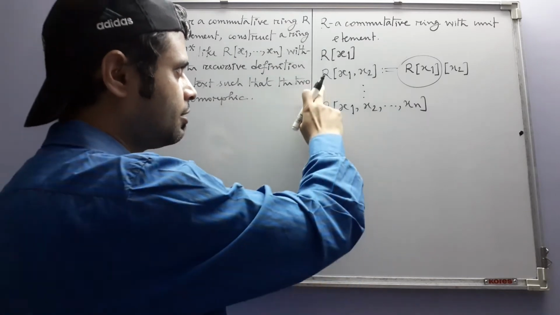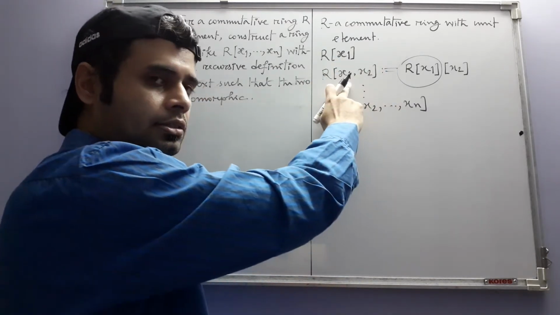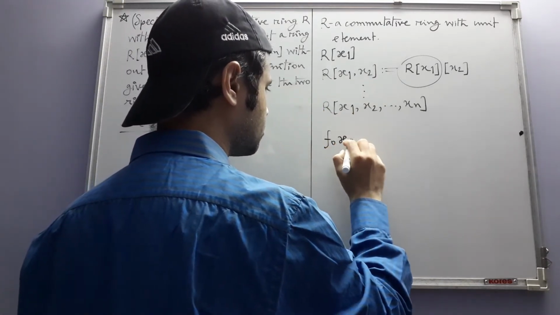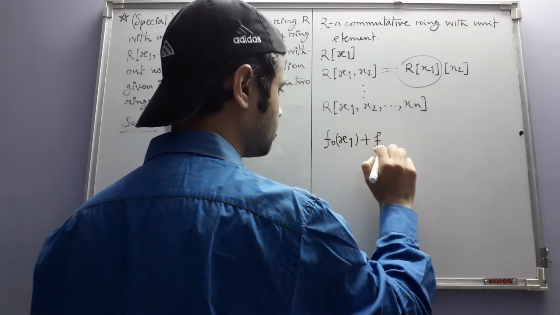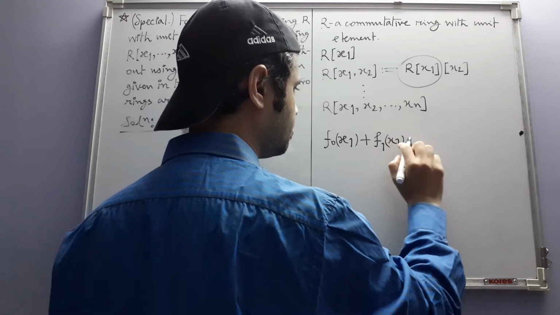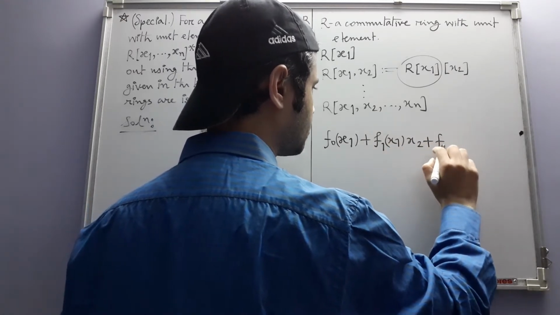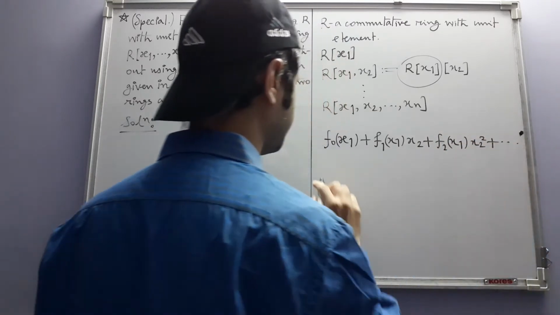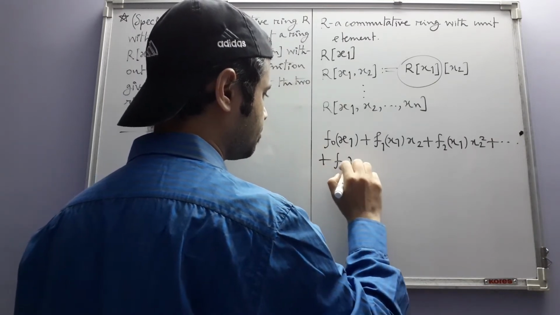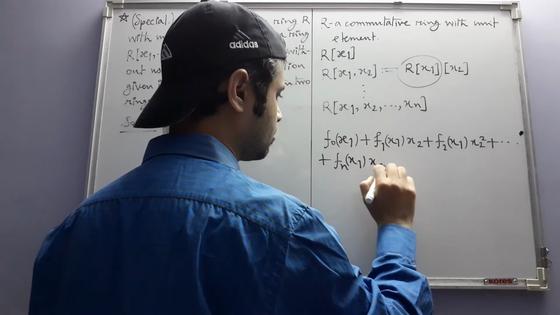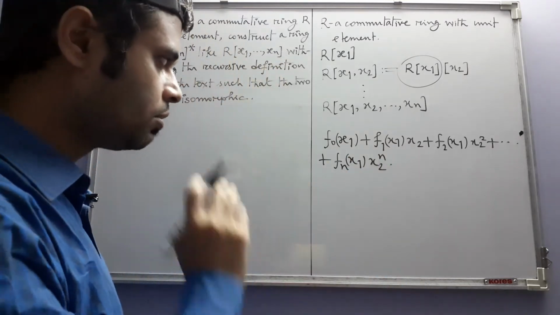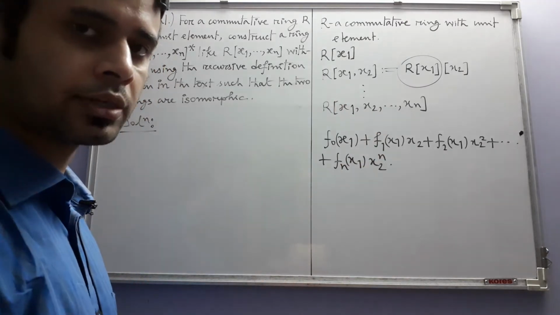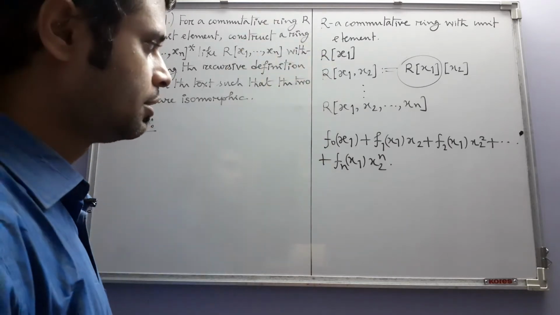For example, if you think of an element in this ring in the second stage, then such an element looks like this: f1, x1, x2, f2, x1, x2 square, fn, x1, x2 to the power n, where these fi's, each one of them is itself a polynomial in x1 over the ring R.